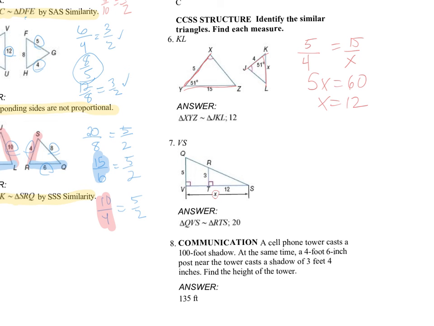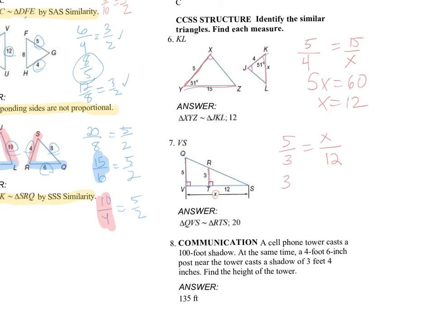So if we look at what we know, the 5 is going to be in proportion to the 3, and the X that we don't know is going to be in proportion to the 12.